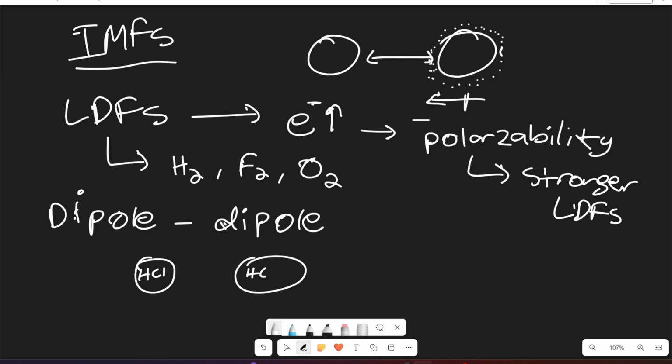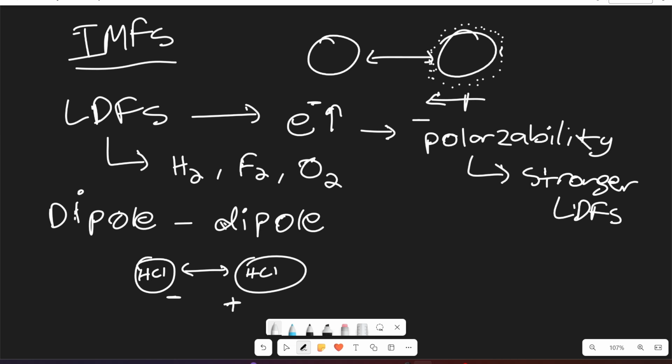Essentially, the partial positive side of this HCl and the partial negative side of this HCl is what's going to cause these two molecules to bond, creating an intermolecular force. So just remember, you have two polar molecules. The partial positive side of one is attracted to the partial negative side of the other, and that's what creates that attraction between them.